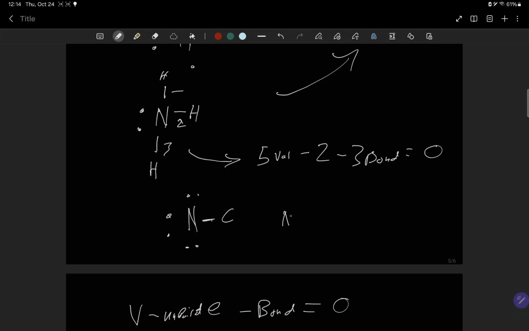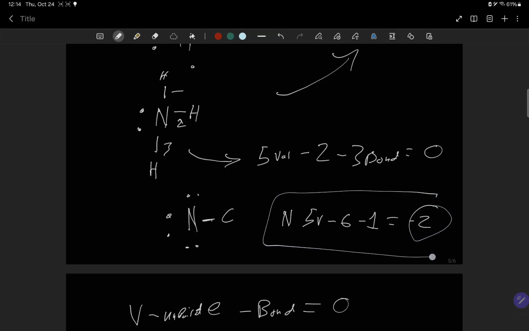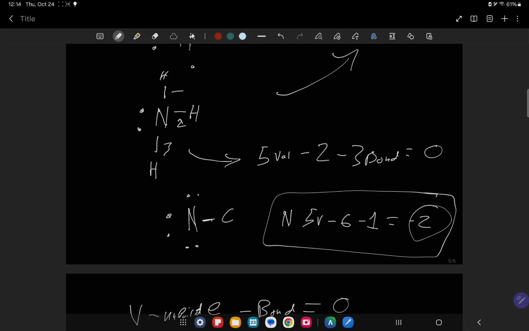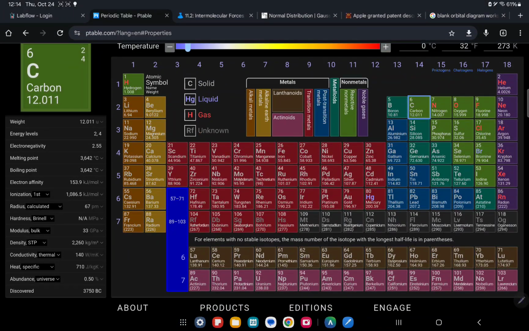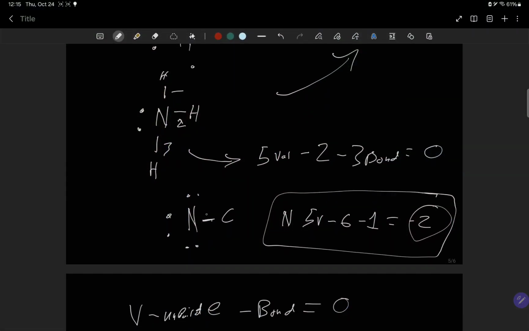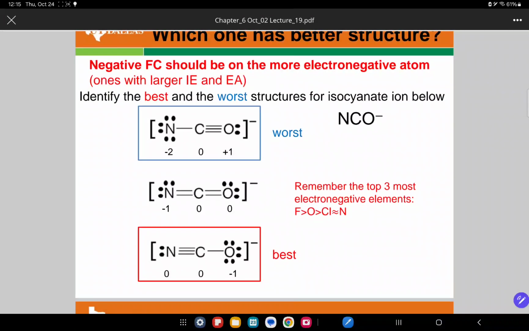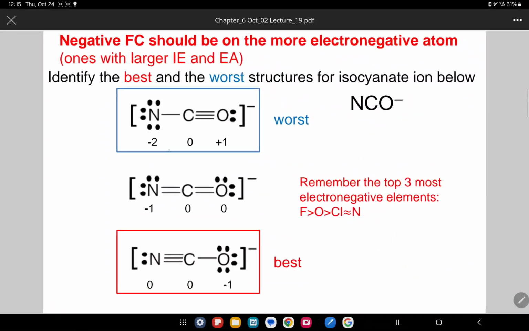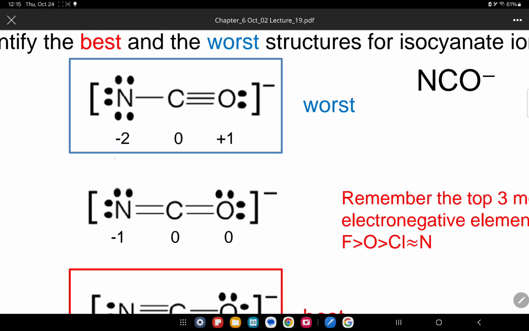So we have nitrogen has 5 valence electrons. 1, 2, 3, 4, 5, 6. 6 unpaired. Minus 1 bond equals -2. So that's what this method is for finding the formal charge. You want your formal charge to be 0. Okay. So in this case, this bonding method is going to be terrible. And that's where this -2 comes from. Okay.